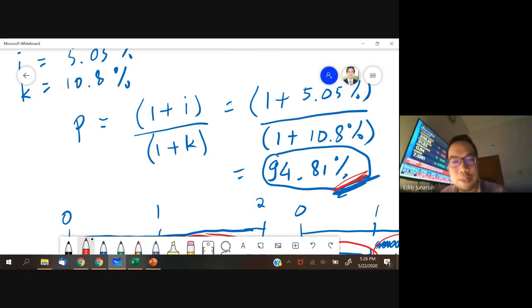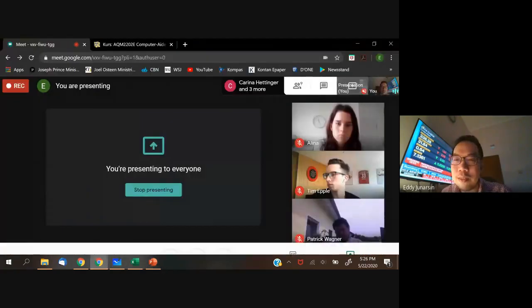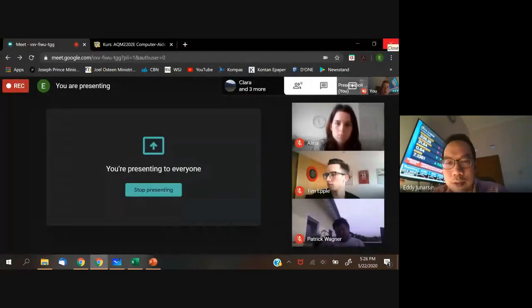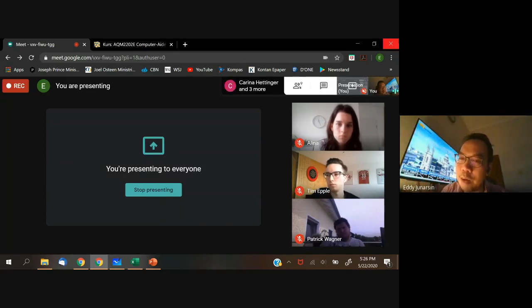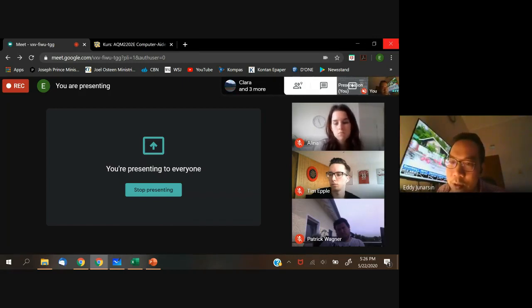Just be careful with, so you see, if you have long-term estimates, for example, you have the data for 3 years, right? So you could estimate the probability of repayment for 3 years. But by knowing the 3 years, you could estimate, for example, the probability of repayment for 1 year, but 2 years from now.